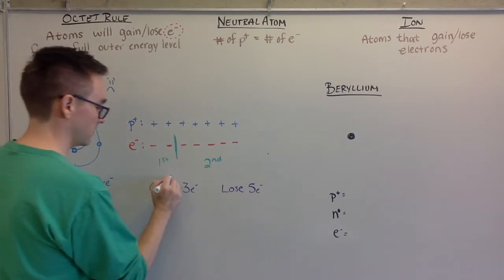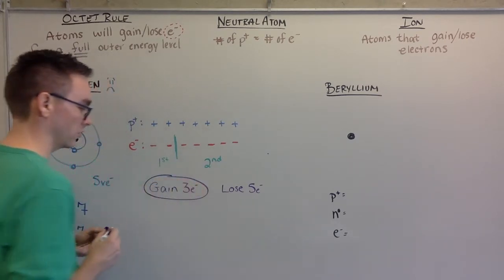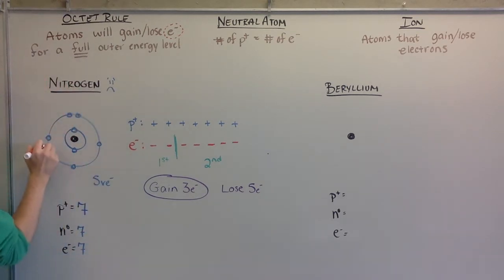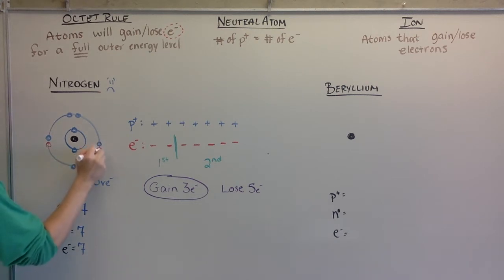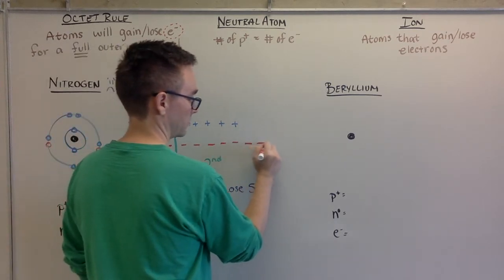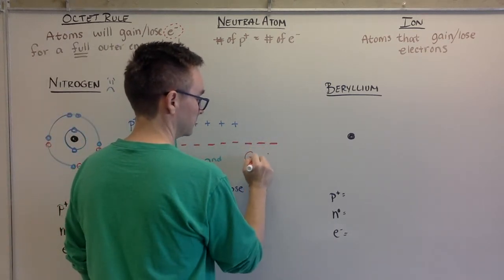Okay. Whatever is easier. In this case here, we are going to gain 3 more electrons. He's going to gain 1 here, here, and here. That means I gained 3 more electrons. 1, 2, 3.